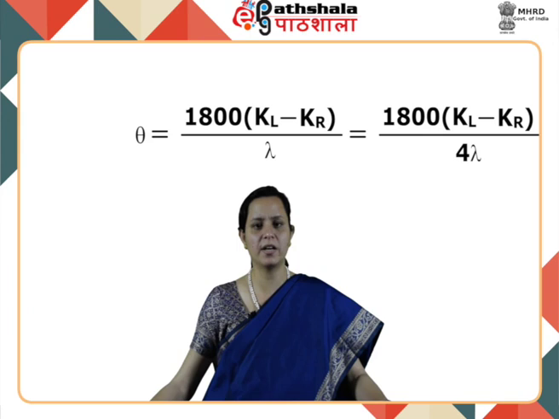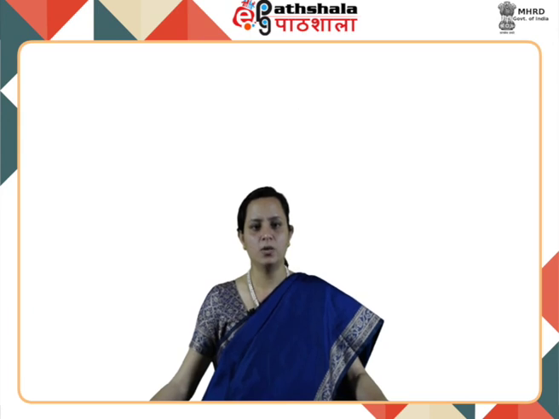So, now theta becomes 180 into kappa L minus kappa R divided by lambda, which is equal to 180 times KL minus KR divided by 4 pi.